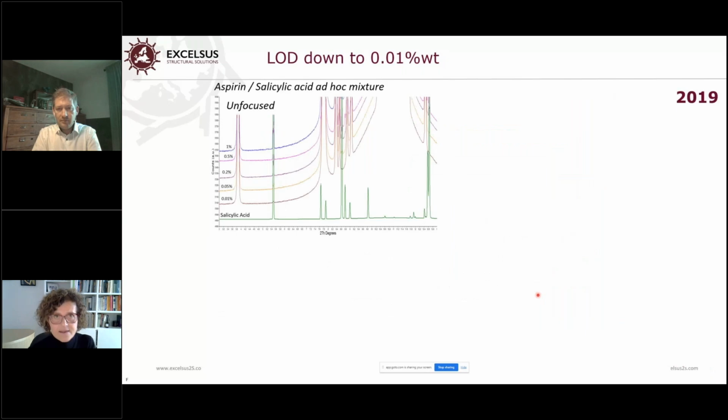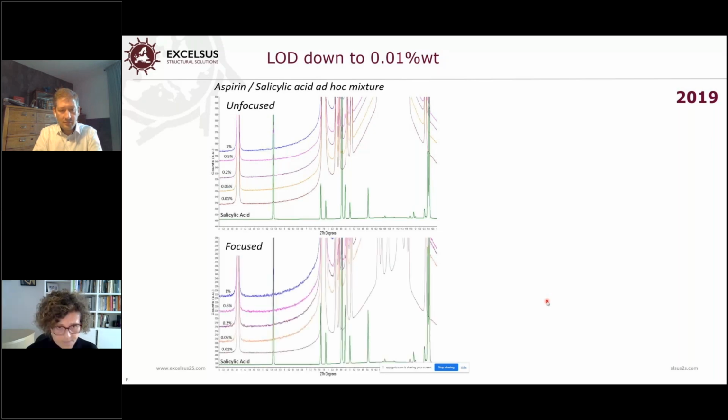And then later, by tuning the optics differently, we were able to reach better results. So essentially, we decided to test whether the level of detection could be enhanced by focusing the optics very much, so underfilling the sample and focusing the optics onto the detector. And that was a good idea.